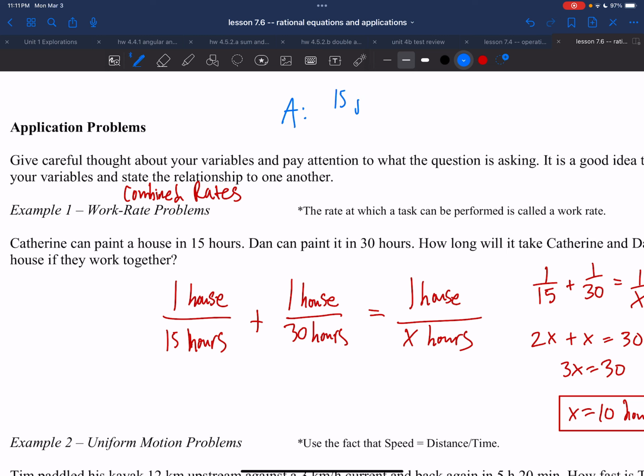Machine A could make 15 parts per hour, but machine B could destroy 10 parts per hour. Why would we be doing that? I don't know. But then that would mean that their rates would be subtracted there. So you have to think about whether it's plus or whether it's minus.